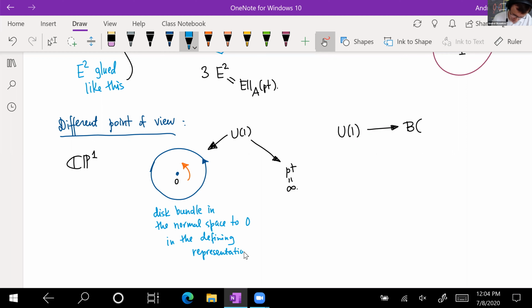Maybe call that defining representation A. We get A x A. So you take the disk bundle in this defining representation A, and then we take the pushout with respect to this point, and that pushout is CP1.